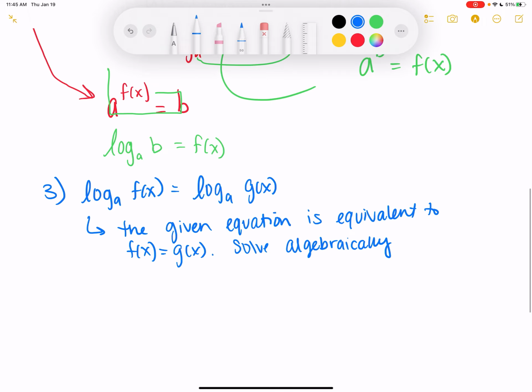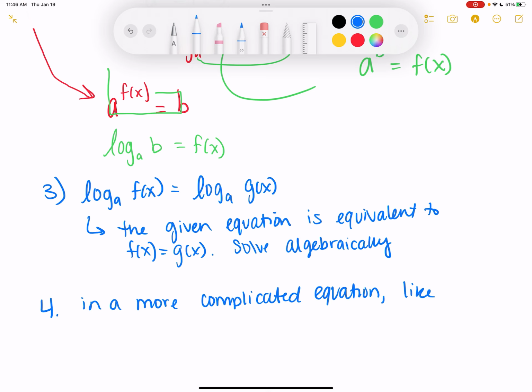For the more complicated equations, like if you had something like e to the 2x plus 1, is that g of x here or here? Yeah, there. Yes. We get e to the 2x plus 1 times e to the negative 4x is equal to 3e.